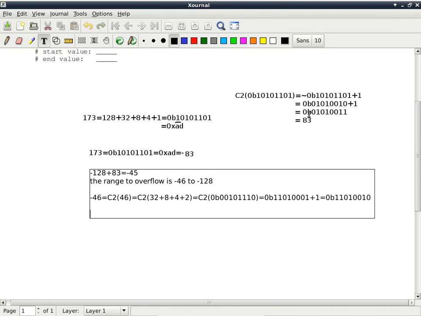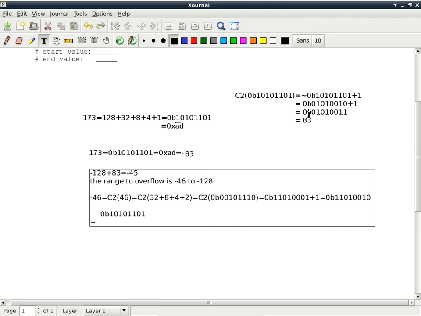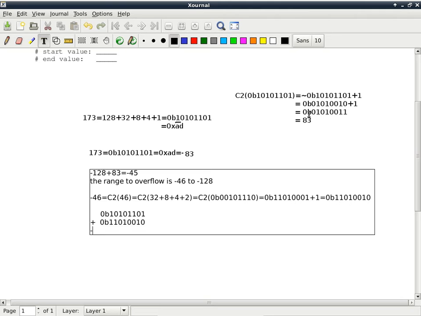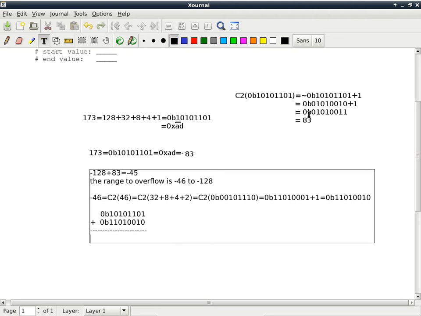So the question now is, is it going to overflow? 0b10101101 plus 0b11010010. Is that going to give me the flag pattern that I'm looking for? That's the question. Well, we'll go ahead and find it out.